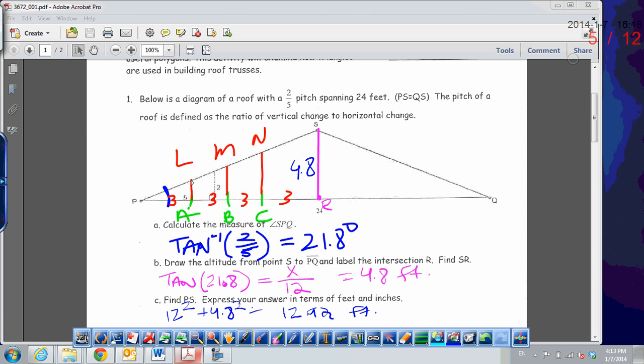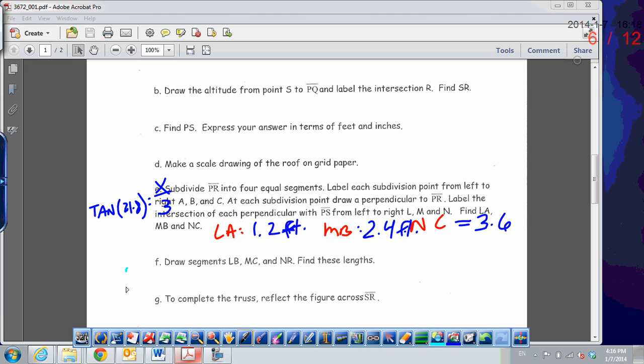The last thing it has us do is first draw LB, MC, and NR, and then find LB, MC, and NR. Well, we just found LA, MB, and NC. I have 2 of the sides, so my third side is just the Pythagorean theorem. So really, what I have is 3 triangles, and what I'm trying to find is the hypotenuse every single time.